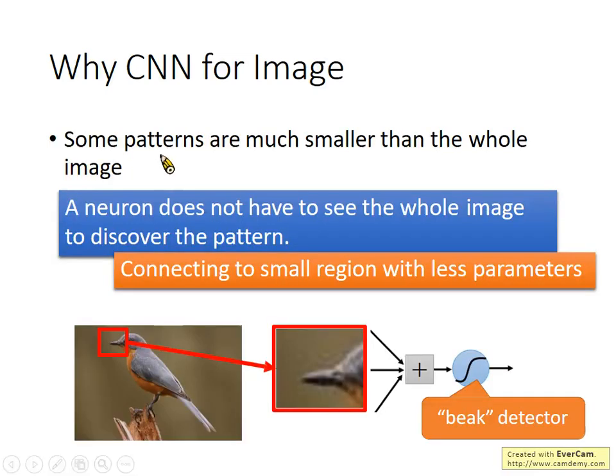To simplify the deep network, we talk about image properties first. In image recognition or image analysis, some patterns are much smaller than the whole image. For example, if we want to detect the beak, that is the mouth of the bird, a neuron does not have to see the whole image to discover this pattern.